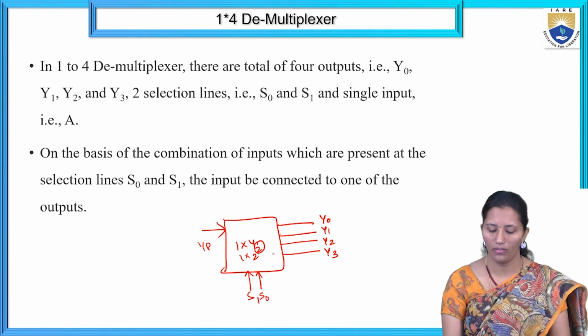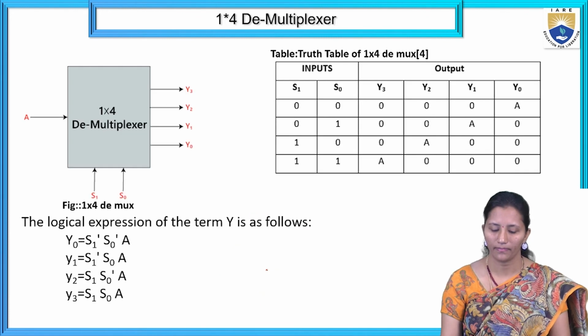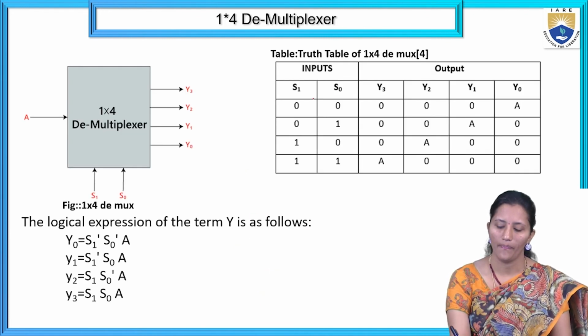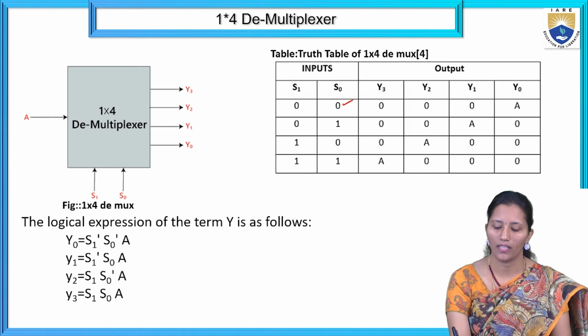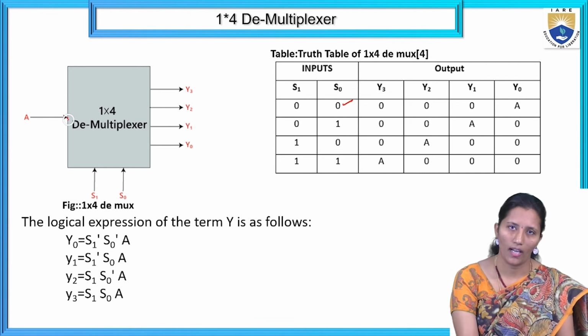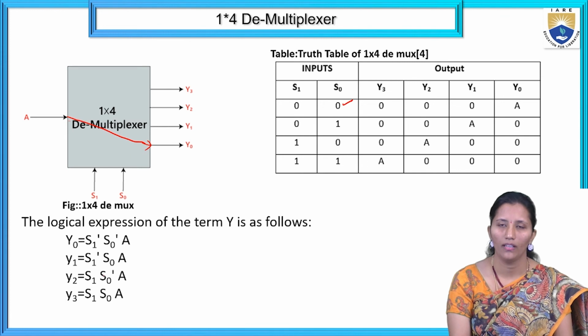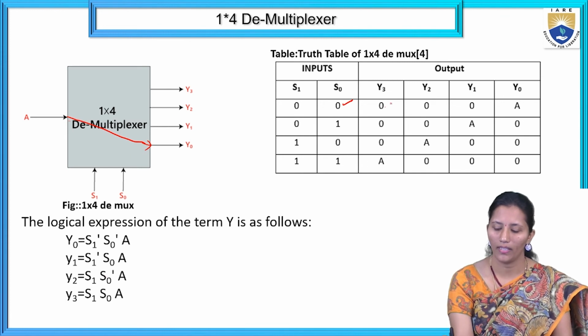We first have to determine how many inputs, how many outputs and what the selection lines are. In the truth table, if S1 and S0 are 0, 0, then the data present at A will be routed to Y0, and the others will be disabled.